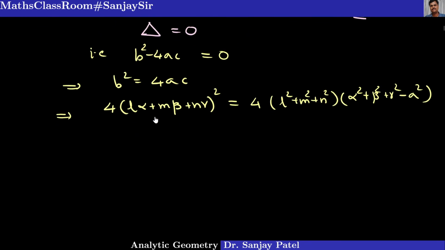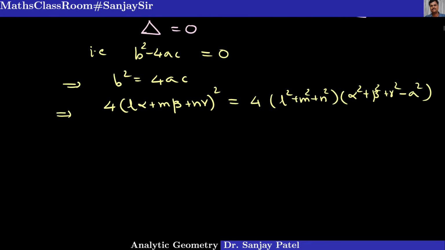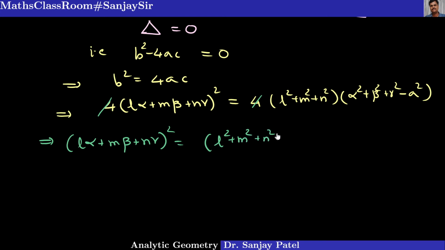So now cancelling 4 from both the sides, what we get is L alpha plus M beta plus N gamma whole square is equal to L square plus M square plus N square into alpha square plus beta square plus gamma square minus A square. And let us call this equation number 3.